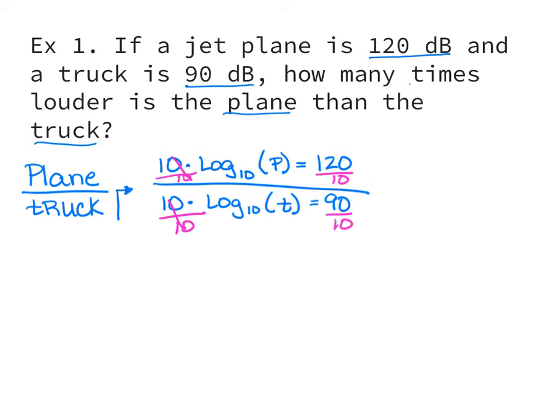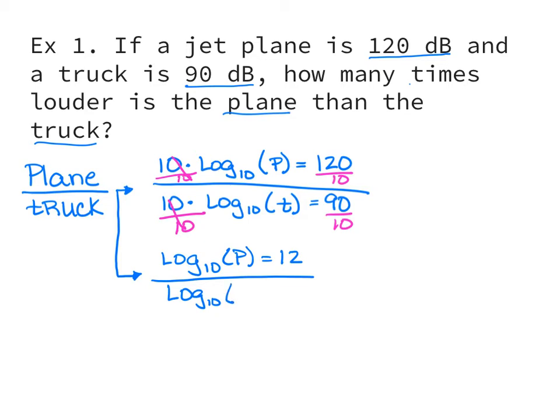Now we have log base 10 of p equals 120 divided by 10, which is 12, over log base 10 of t equals 90 divided by 10, which is 9.